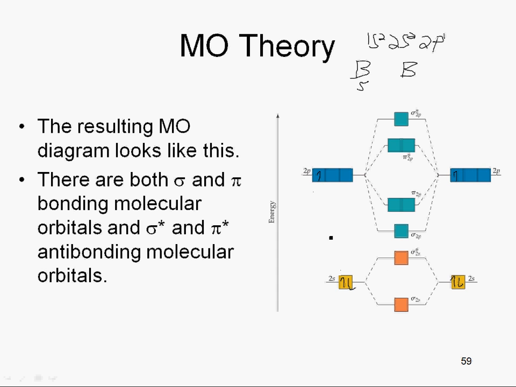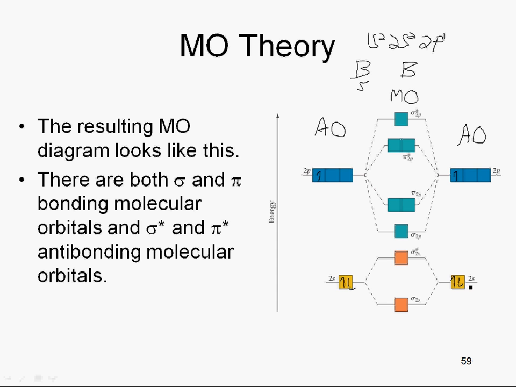The bottom line is the electrons will go into the lowest, these are atomic orbitals on the outside here, and they're combining together. It's really the same orbitals, but when they combine together, they form molecular orbitals. So the atomic orbitals from the two atoms will combine together to form the molecular orbital.